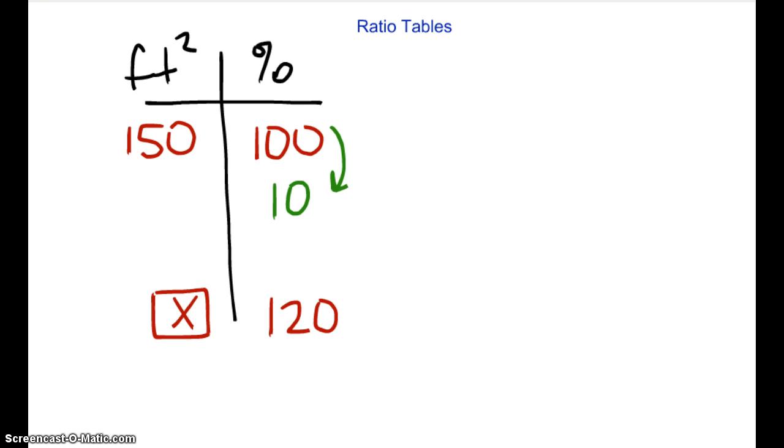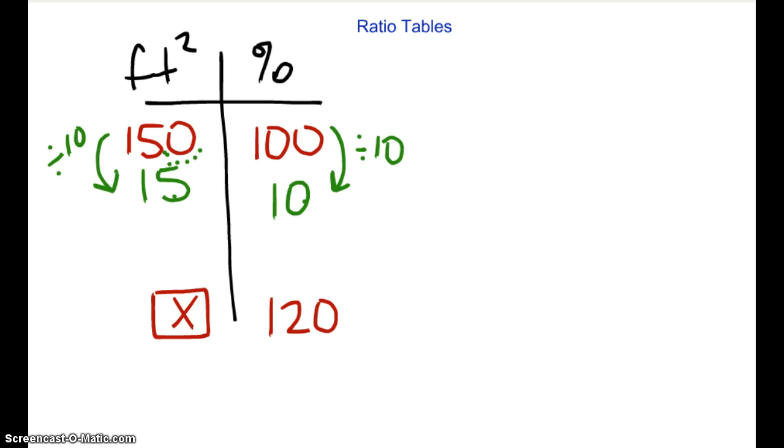So I can get 100 down to 10 by dividing by 10. It's very easy to divide things by 10 because that just plays with the place value a little bit. Really what you've done is divided by 10, so you moved your decimal point over one space to the left. So 10% of our total flooring would be 15 square feet.